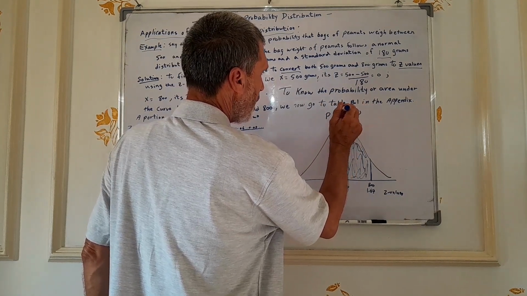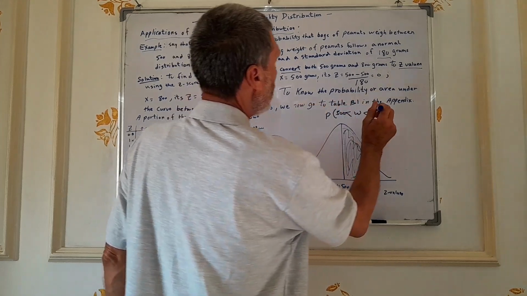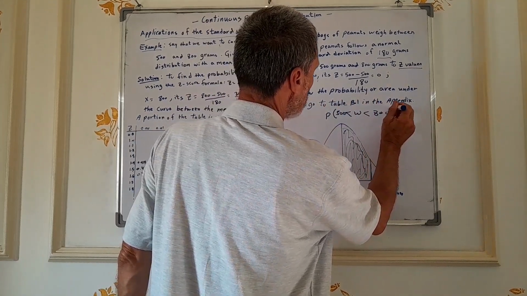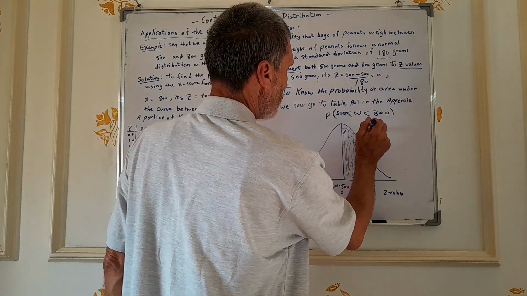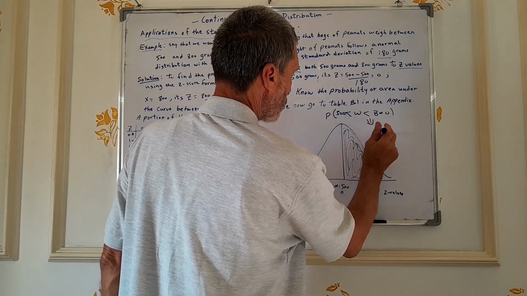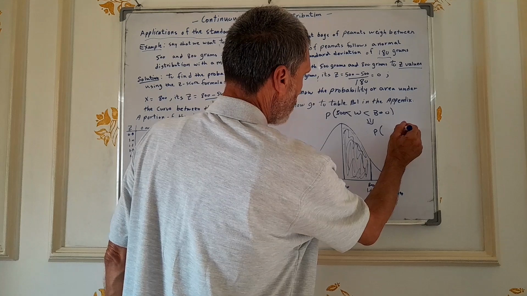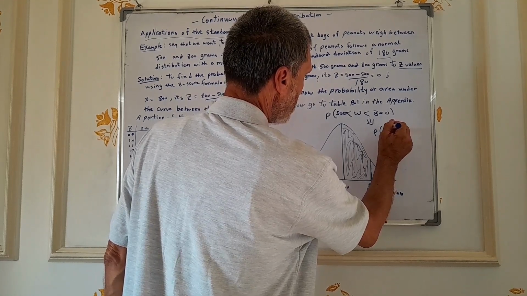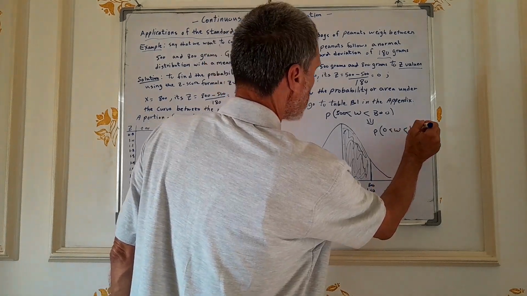So here we're trying to find the probability of weight between 500 and 800. Now we convert this to z. So we get the probability of z between 0 and 1.67.